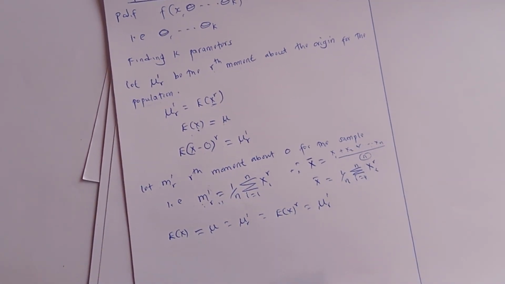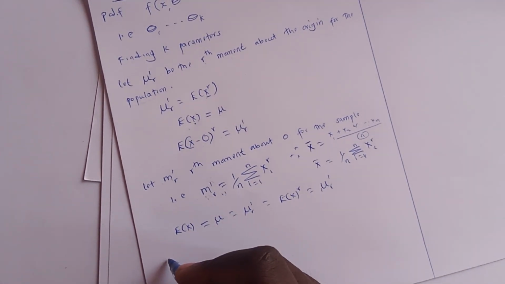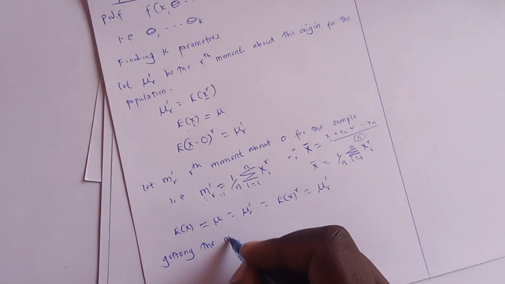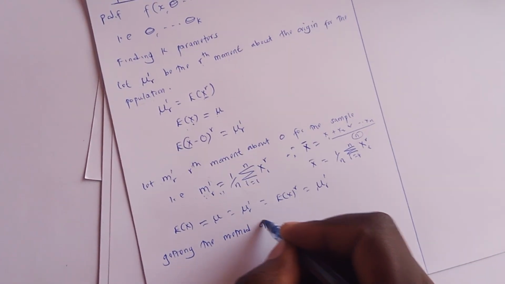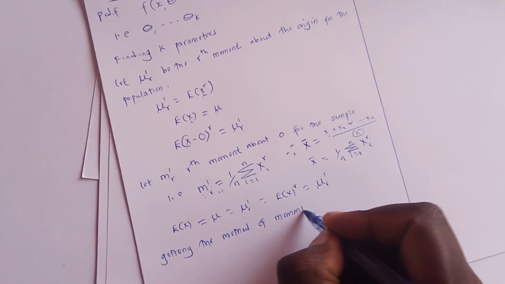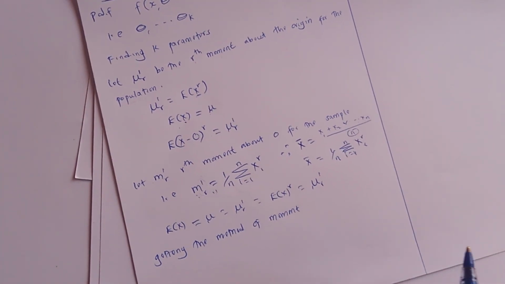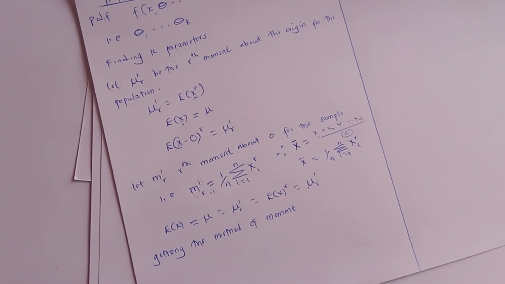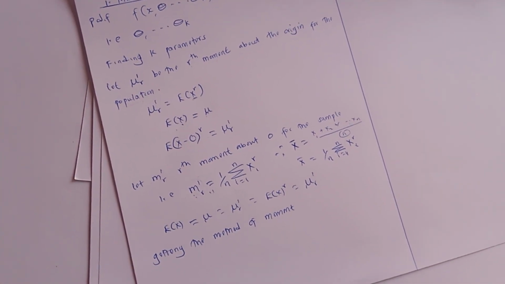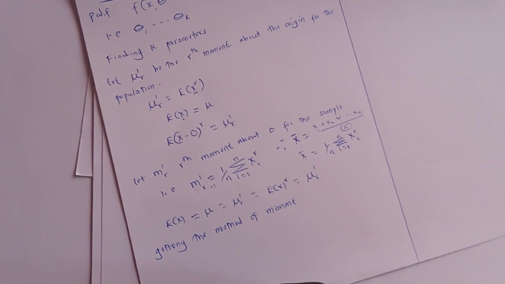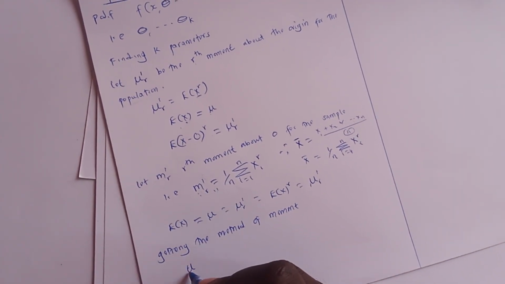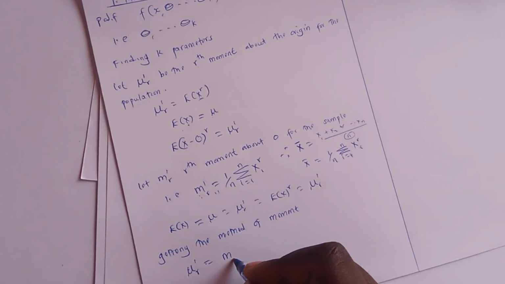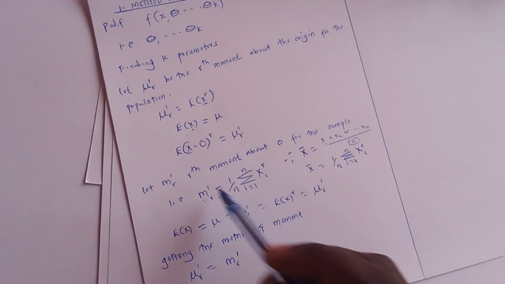So to get the method of moments estimators, we always equate the first moment to the k-th moment. For instance, in my case, I will say mu prime r should be equal to m prime r.